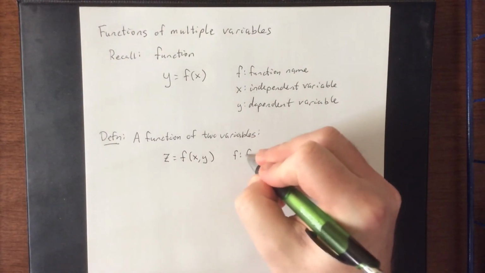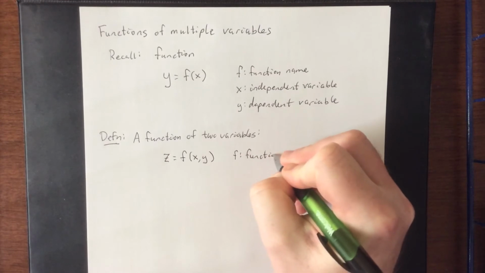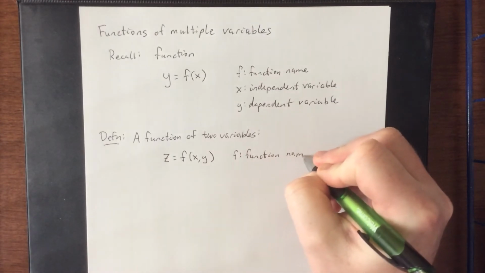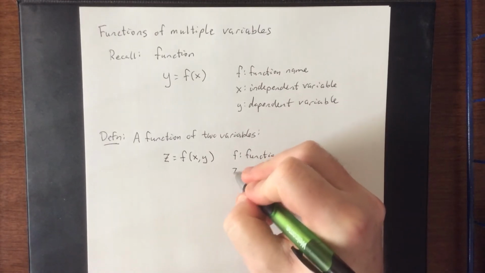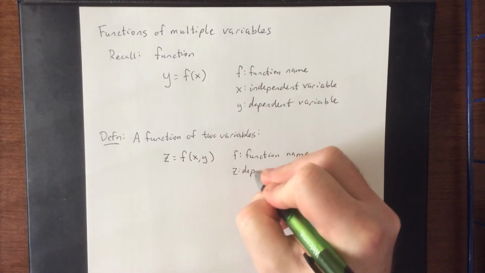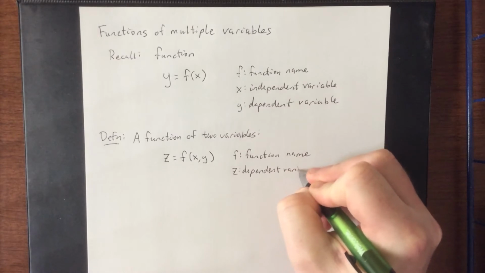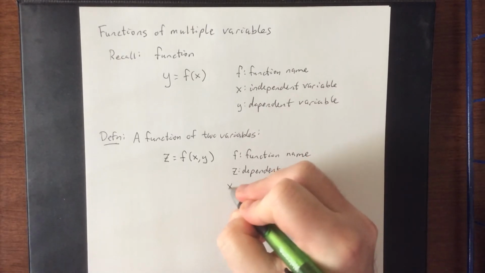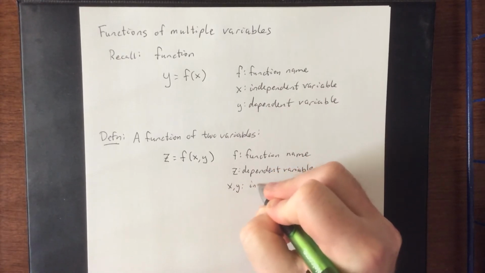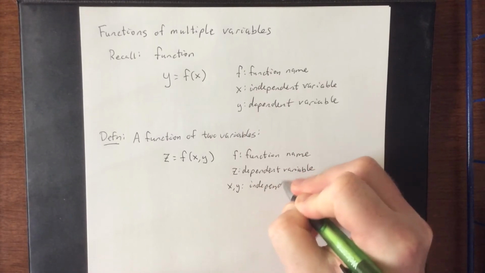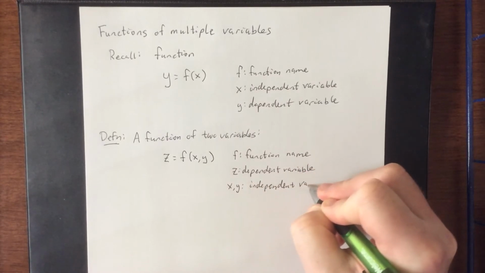Once again, f is referring to the function name, so that doesn't necessarily have to be the same. Z is referred to as your dependent variable, and x and y are your independent variables.